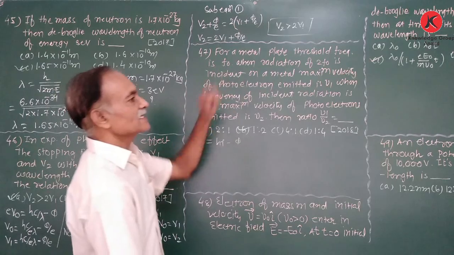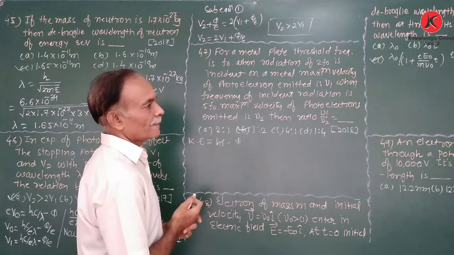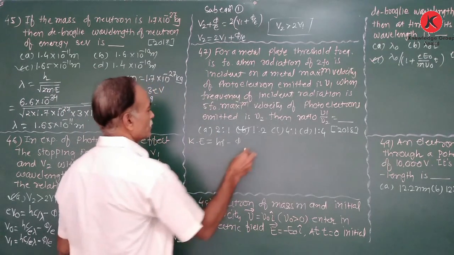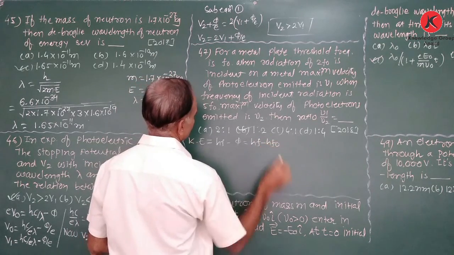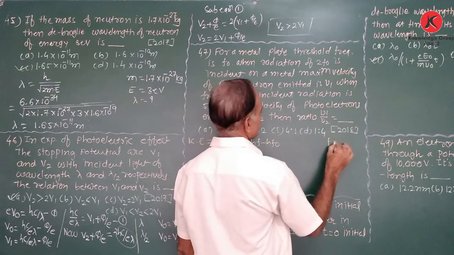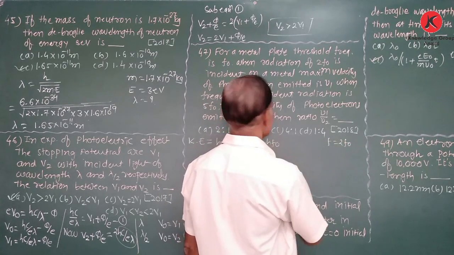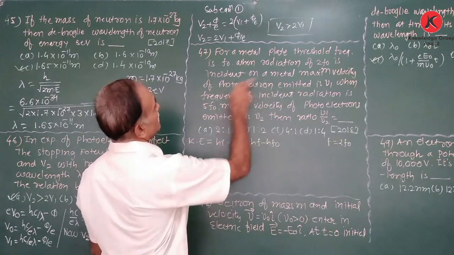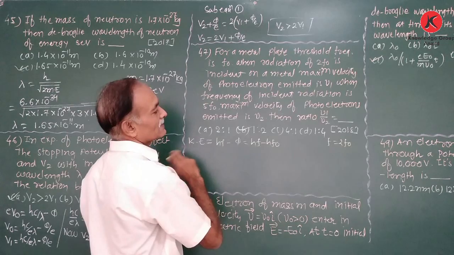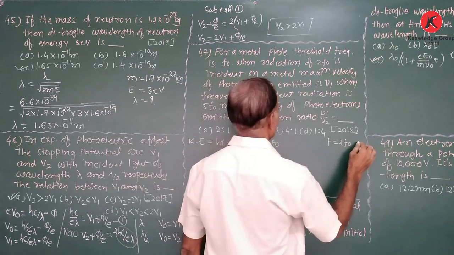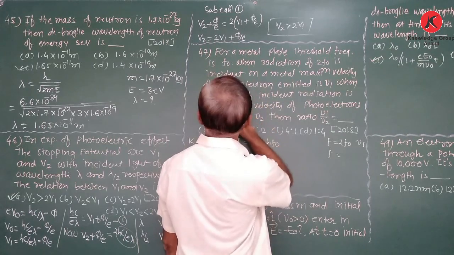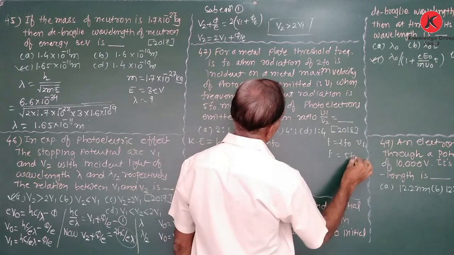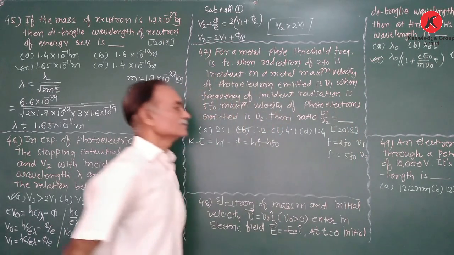When the frequency is 2f0, the maximum velocity is v1, and when the frequency is 5f0, the velocity is v2.